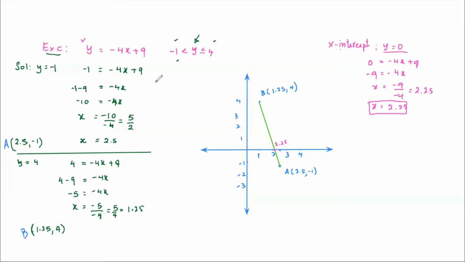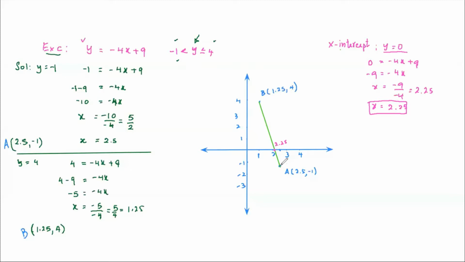But now you see the sign here. Because y is between this one, right? -1 and 4. -1 doesn't have an equal sign underneath here. You see that? No equal sign here. So when y is -1 down here, x is this point 2.5. This one has no equal sign, right? So this point should be open.